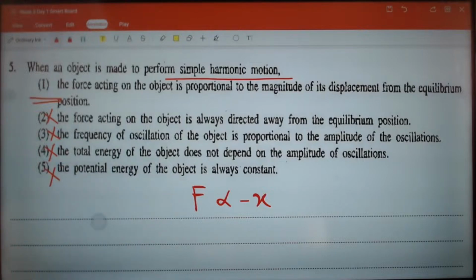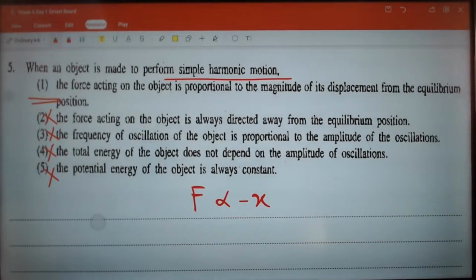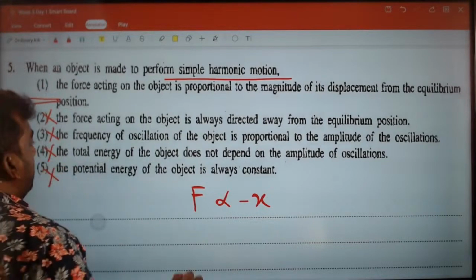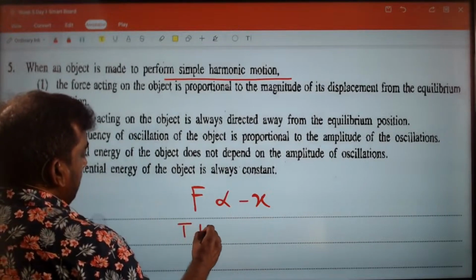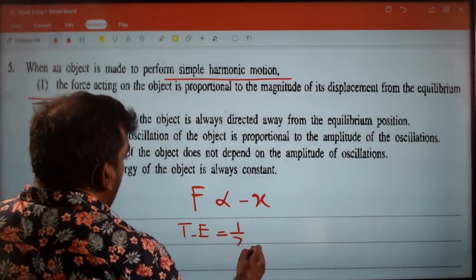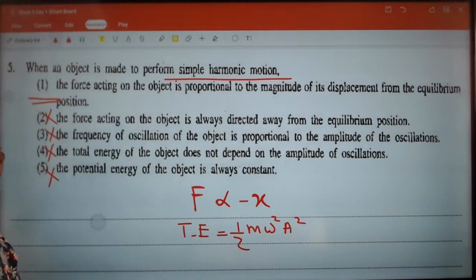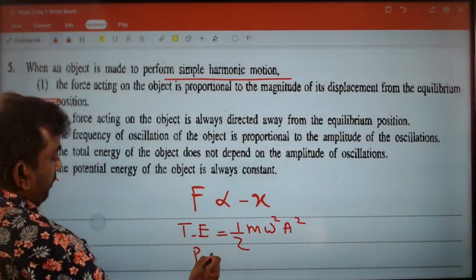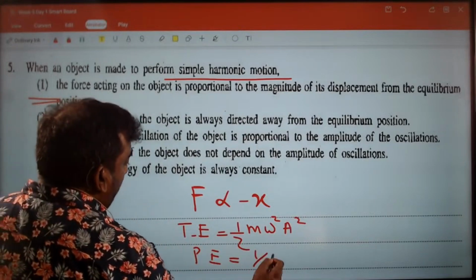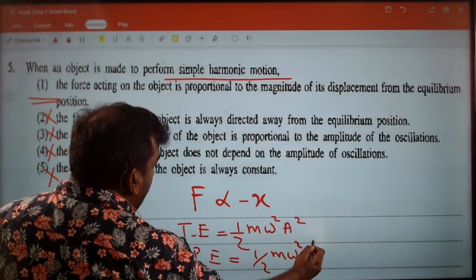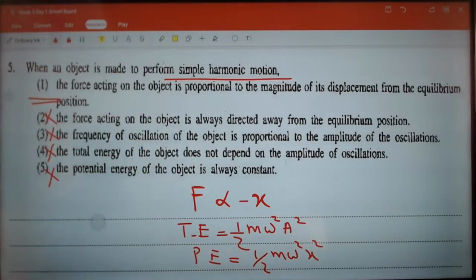Total energy is equal to half m omega squared a squared. Potential energy is equal to half m omega squared x squared. There you go. These are your relationships. Right. Moving on.